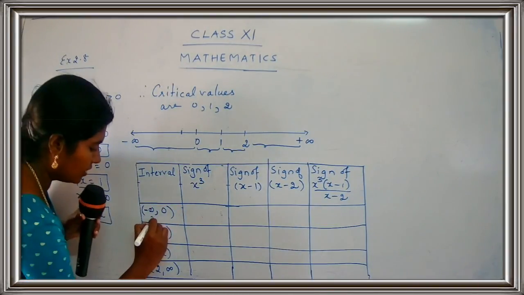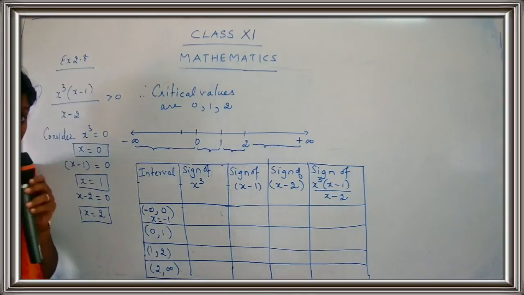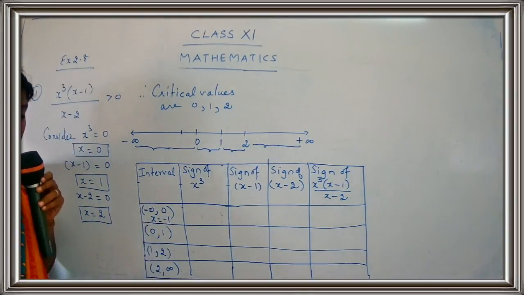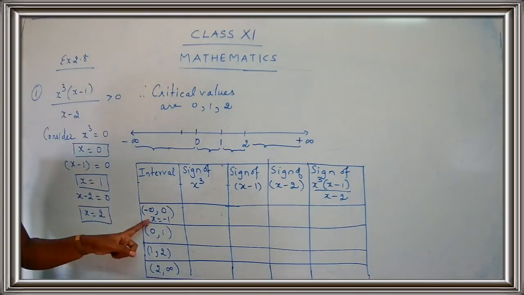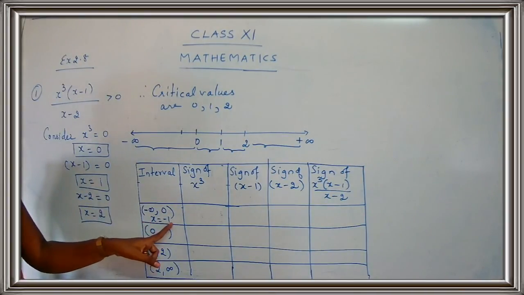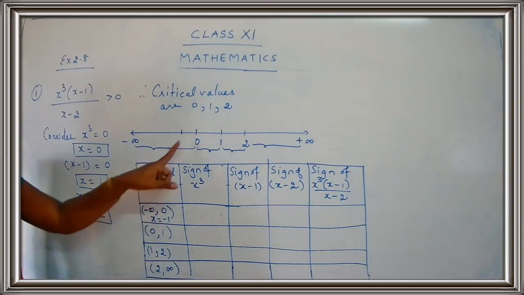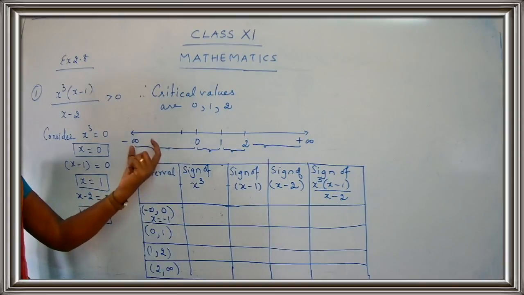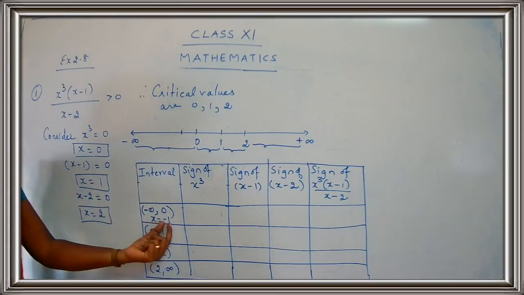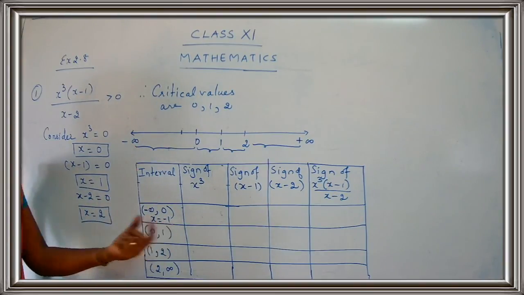Just write down here x equals minus 1. Are you getting my point, children? Because minus 1 lies between minus infinity and 0, let us take the value for x as minus 1.